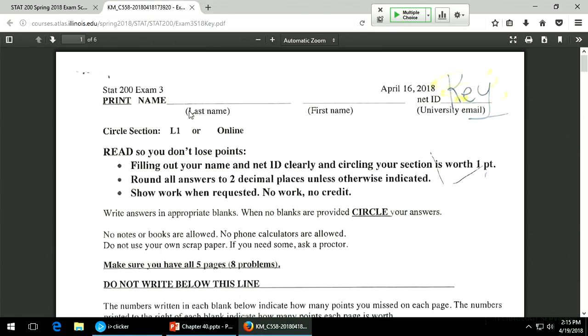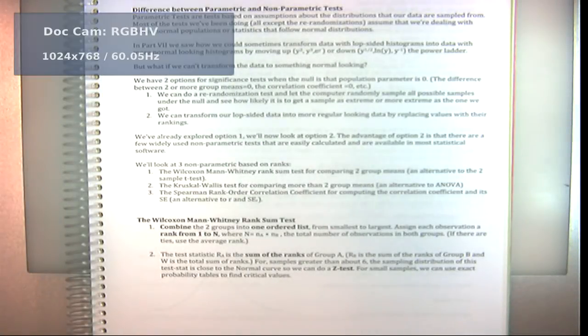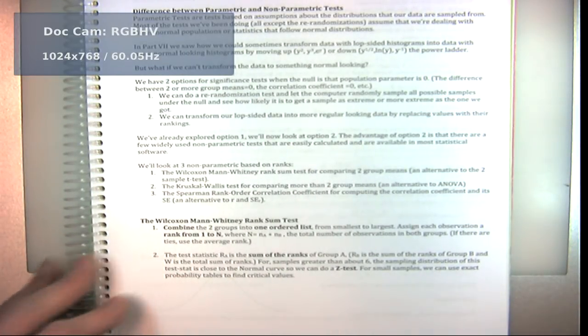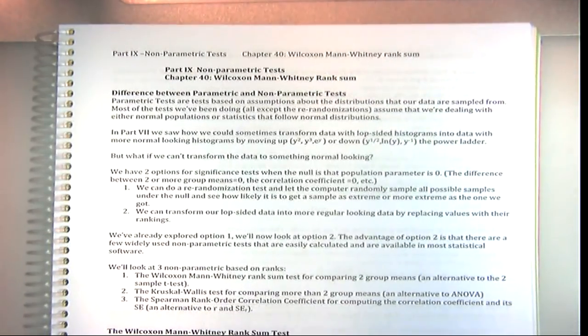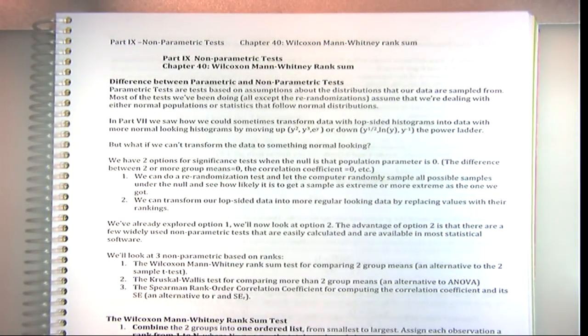Okay. So now I'm going to go to the document camera, and we're going to start a section. This is our last section. But by the way, don't feel bad if you did badly on this test. People got confused, and because people ask me questions, sometimes I could see that if you thought about it one way, it was really simple, but if you thought about it another way, it was really hard.